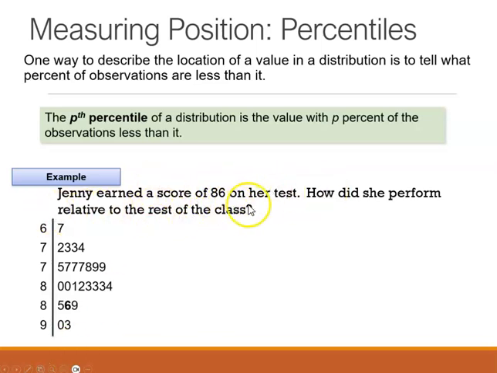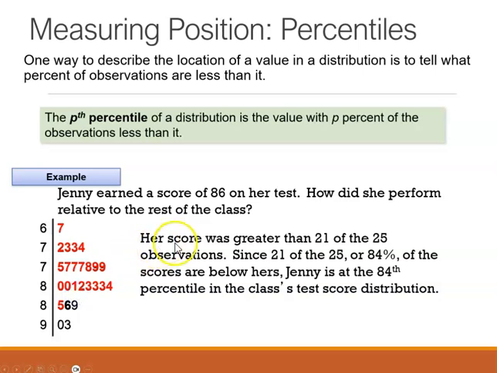How did she perform relative to the class? What is her percentile rank? So I'll count up how many scores I had total, which was 25, and count the number of scores that were strictly less than 86. And I found there are 21 of them. 21 out of 25 is 84%, so she's in the 84th percentile.